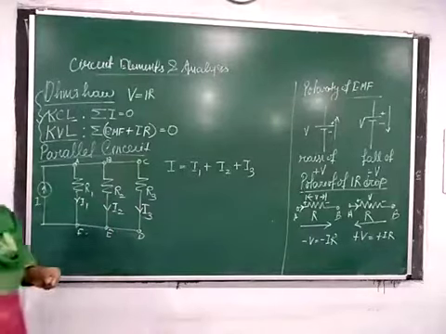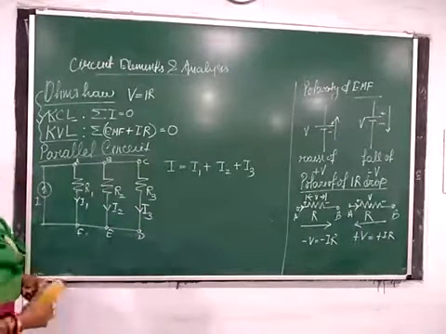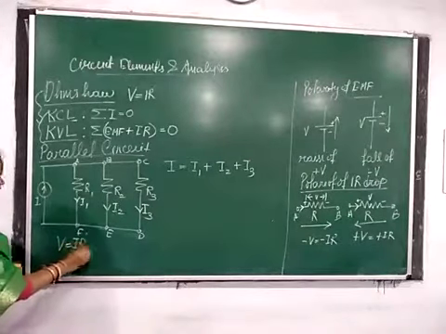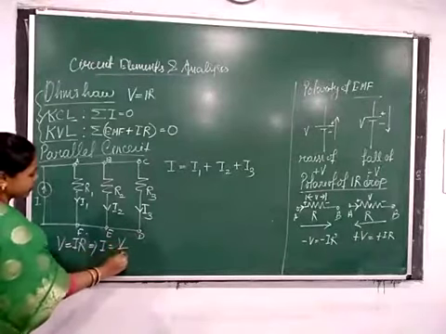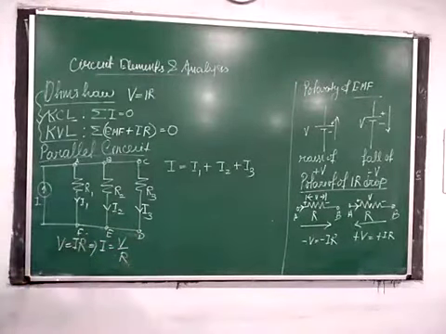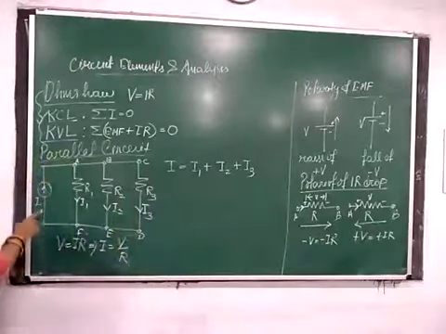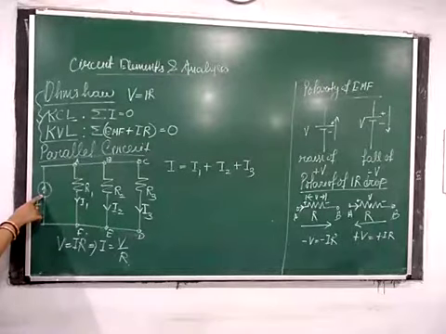Then here you find the current I by using Ohm's law. Ohm's law says that V is equal to IR, or I is equal to V by R. This current I is equal to V by equivalent resistance.